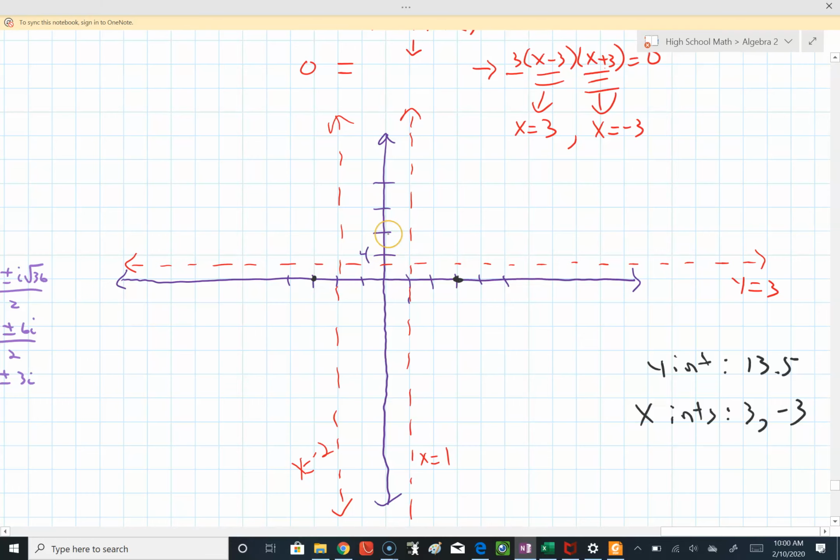And plot a y-intercept at 13.5. Count by 4s. 13.5 would be slightly underneath the middle, wouldn't it? And again, I'm not sweating you getting it exactly right. If you've properly identified it over here, then I can assume that you're going to get that right. Any questions?